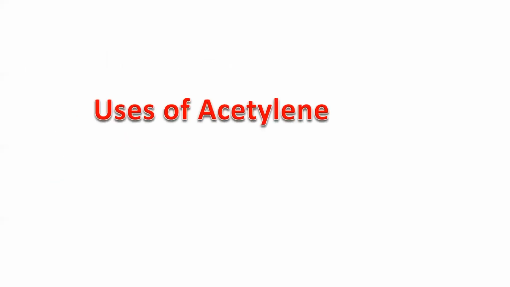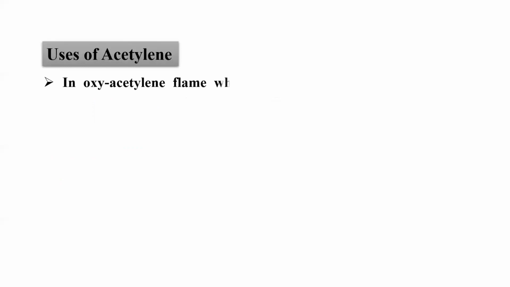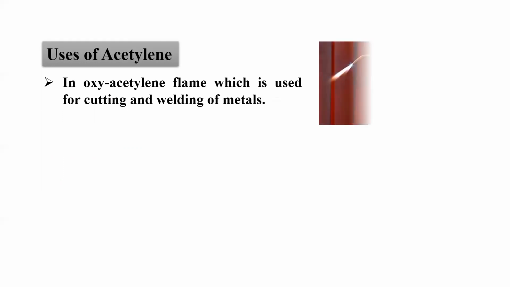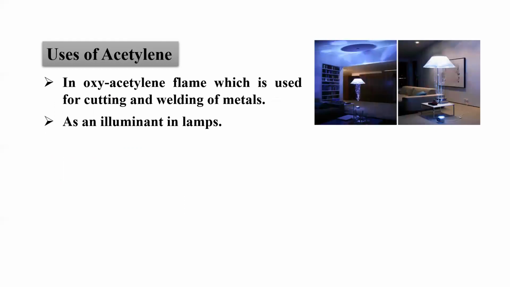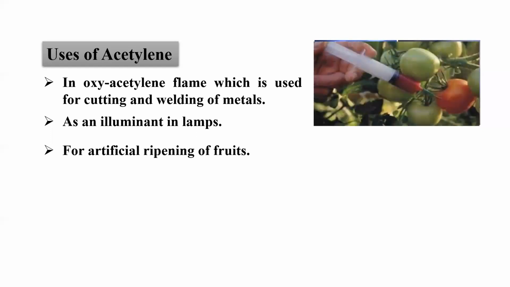With this, we come to the last part of alkynes, the uses of alkynes. Where do we use alkynes extensively? Oxyacetylene flame, which is used for cutting and welding metals, just like what we saw in the case of alkenes. It is used as an illuminant in lamps. It is used for artificial ripening of fruits.